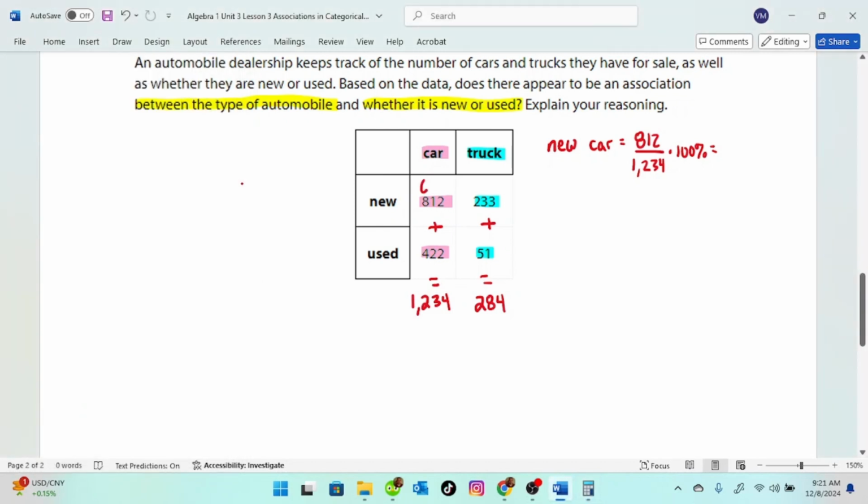So it is a 66% chance that if you have a car, it is new.